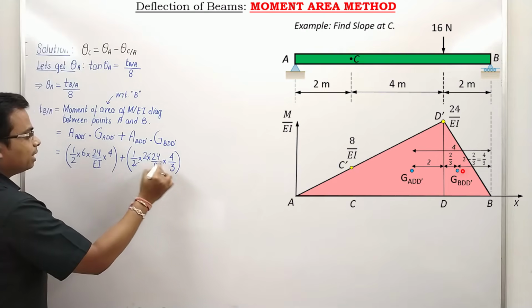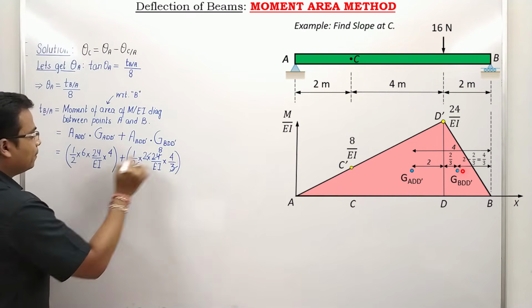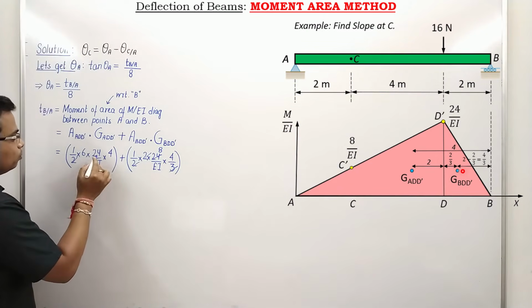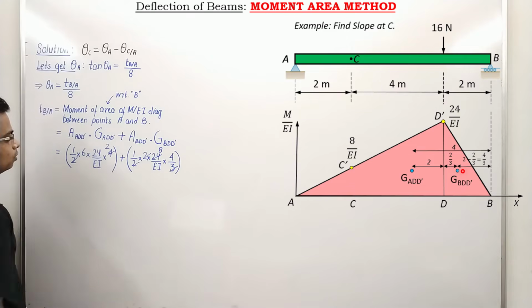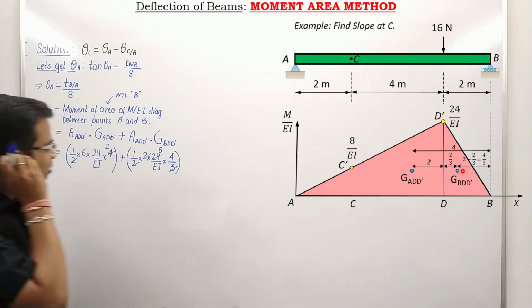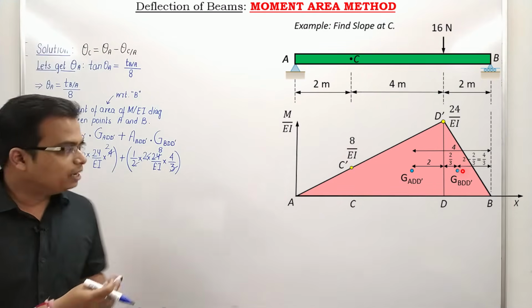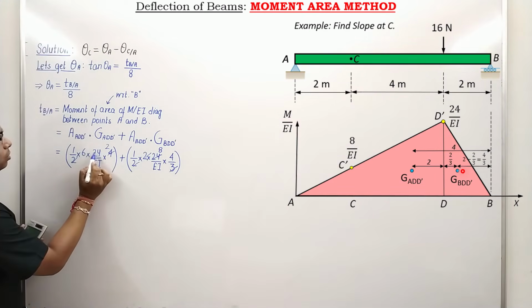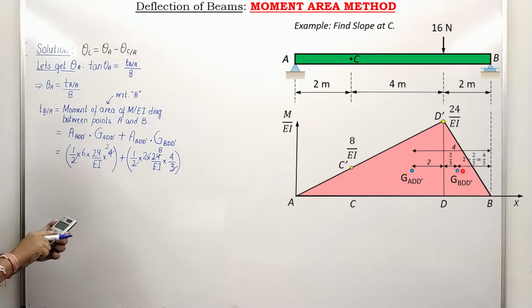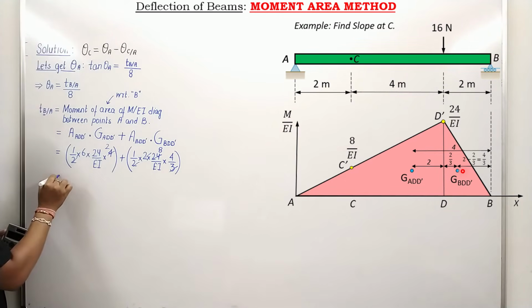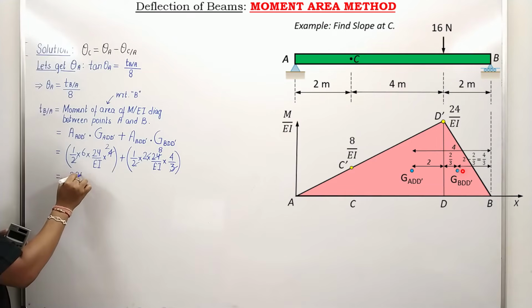So 2 and 2 will be cancelled out. 3 times 8 is 24 and 2 times 2 is 4. Just a bit of mathematics. 6 into 2 is 12, 12 into 24. 12 multiplied by 24 gives you 288, so this works out as 288 over EI.